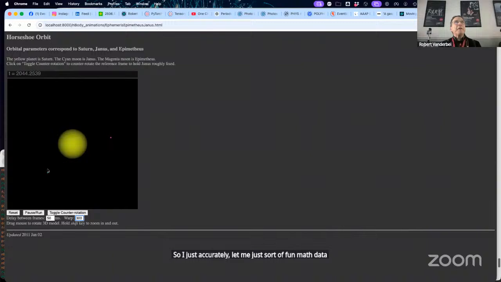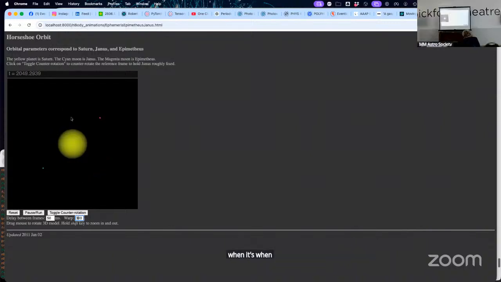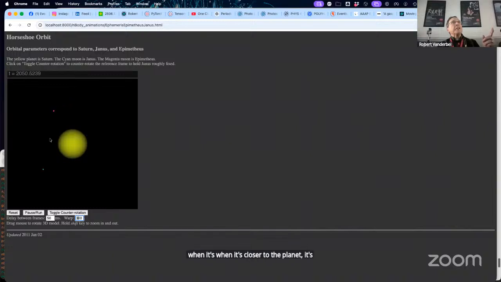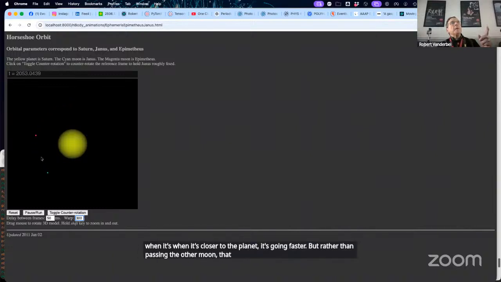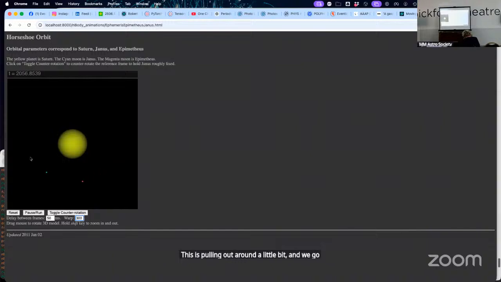So I used accurate data rather than just sort of fun math data. If I did a mathly fun version, this would just be fixed, and this would just come in, go around. When it's closer to the planet, it's going faster. But rather than passing the other moon, that other moon pulls it up a little bit, and then it goes into an orbit that's a bit further out and slower.